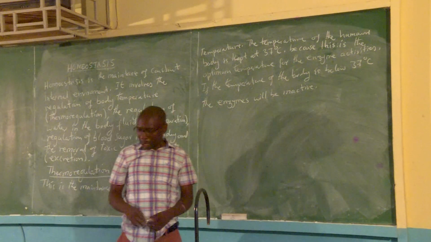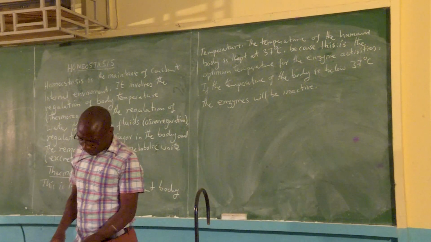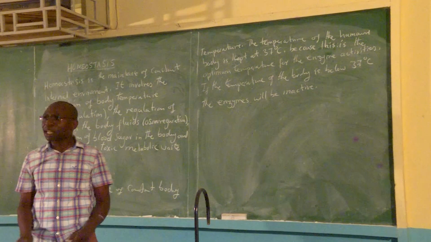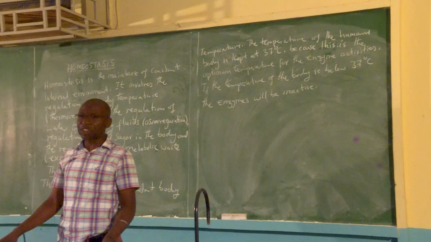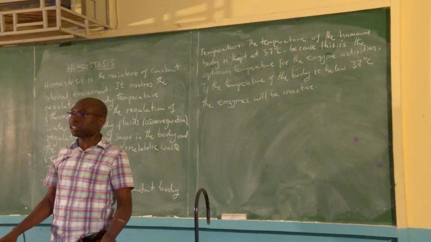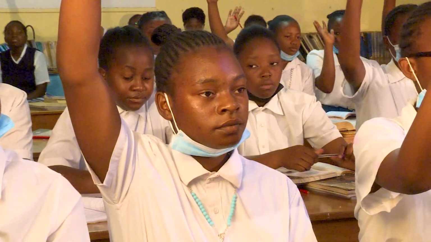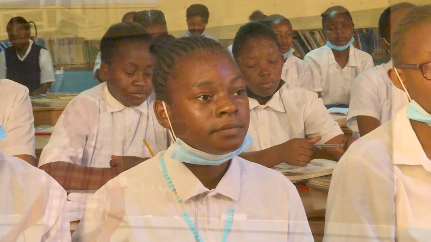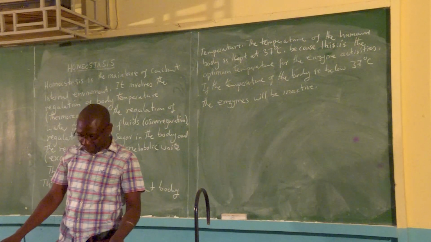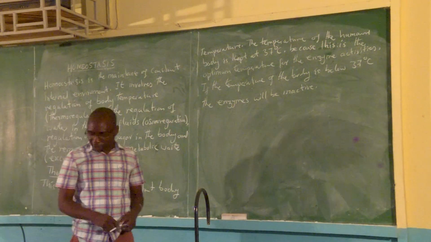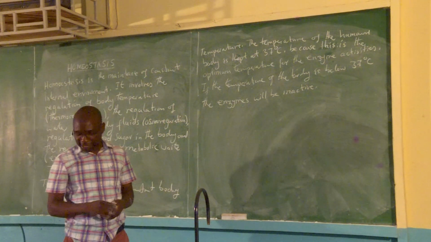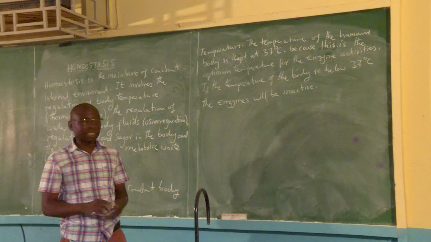Now, what will happen if the temperature goes beyond 37 degrees Celsius? Yes, the enzymes get denatured. The enzyme will be denatured. So if the temperature is too high, the enzymes are going to be denatured.